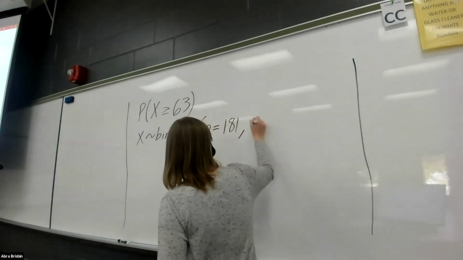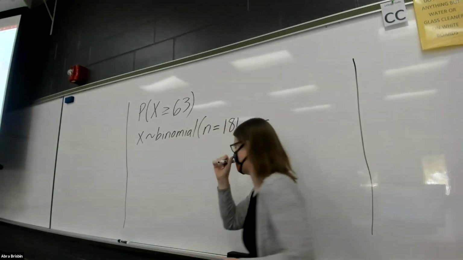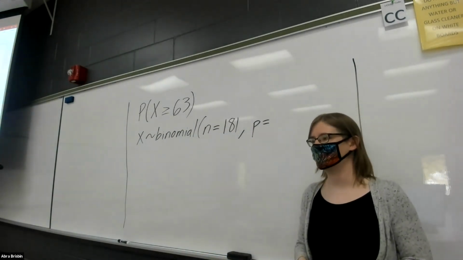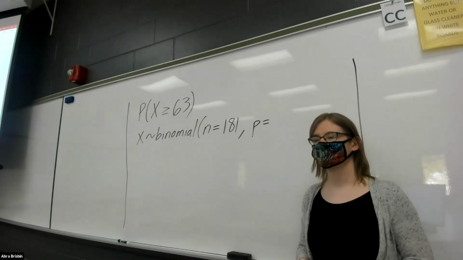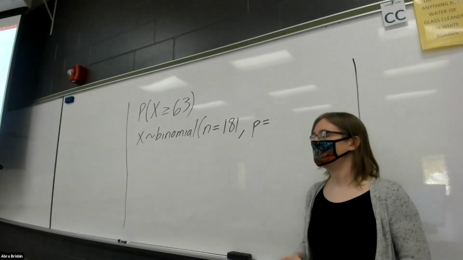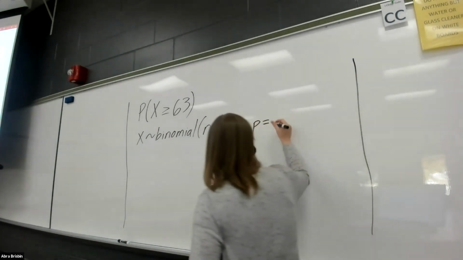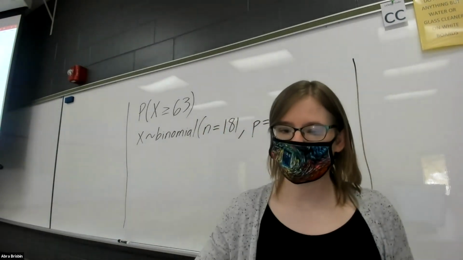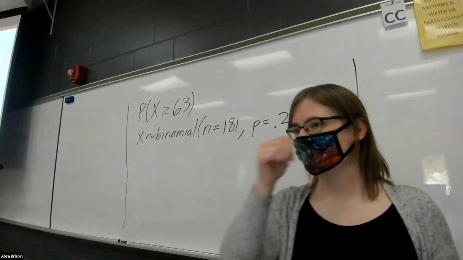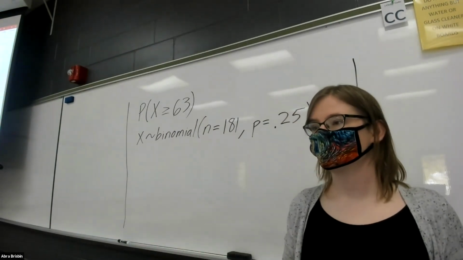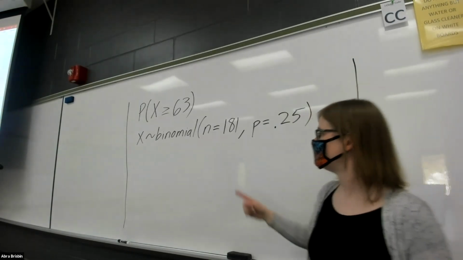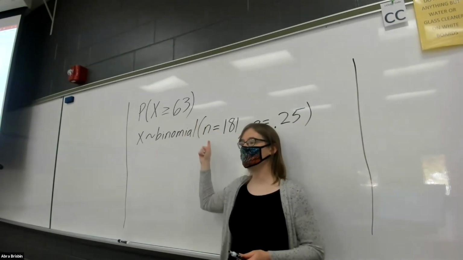And then what should our p, our probability of a yes result on any one person, or a heads result on any one coin, be? Sam? Yeah, 0.25, because we're still computing this probability assuming that the null model is true. So go ahead and try using your calculator to compute this probability using a binomial distribution.